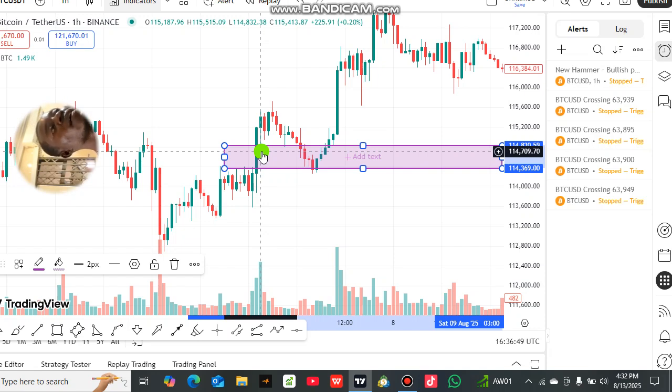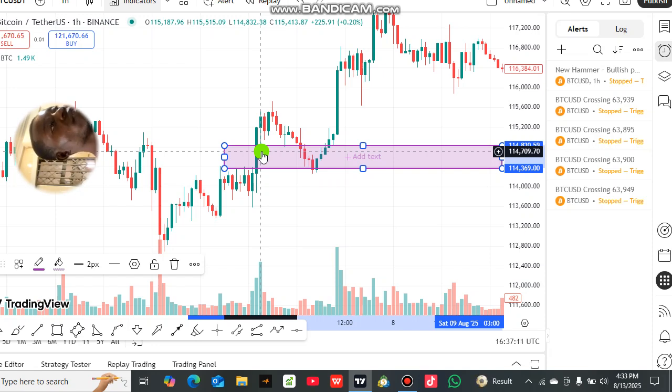So if you want to know that this particular gap is valid, then there should be an imbalance, and once there is an imbalance on the chart, then that gap has to be refilled so that the market becomes balanced before the trend continues.